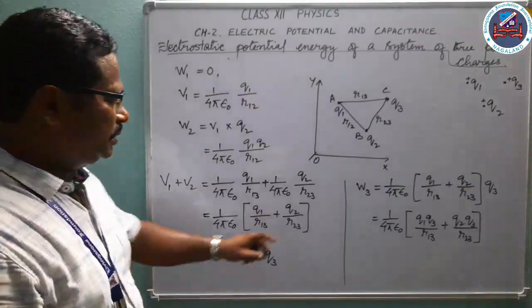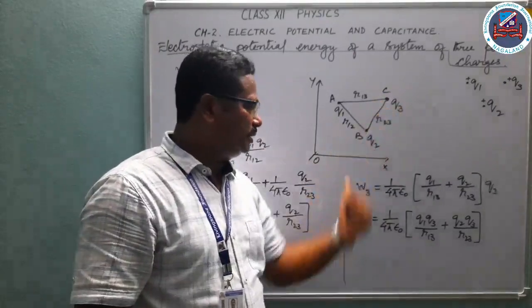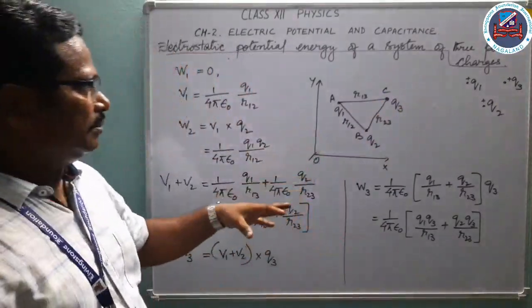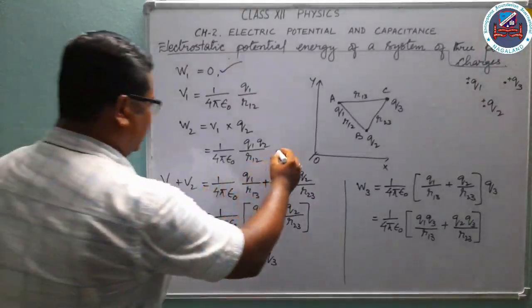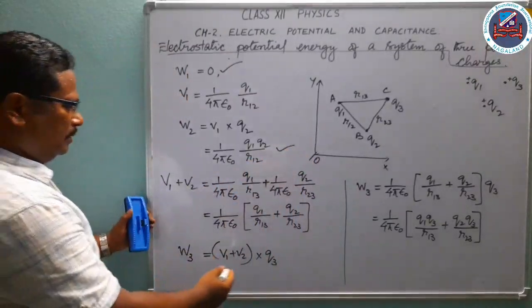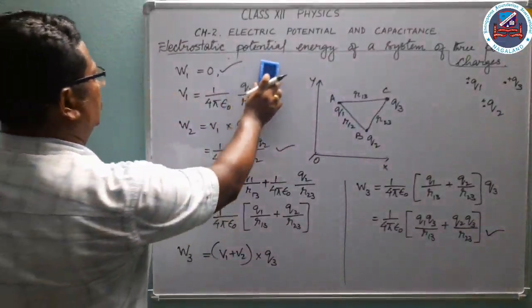After you find out the work done by the third when bringing the third charge from infinity to this point C, the net work done by the system of 3 points, that is the first work done 0, the second work done, and then the third work done, we have to add it up.